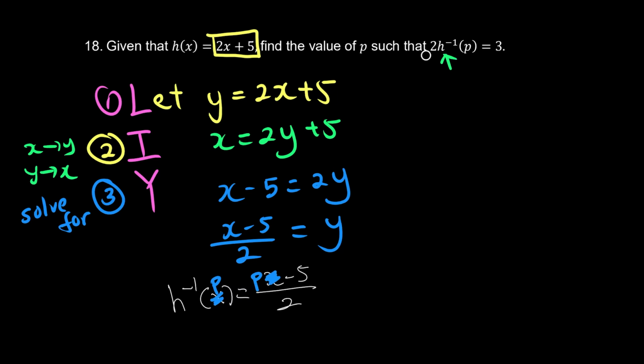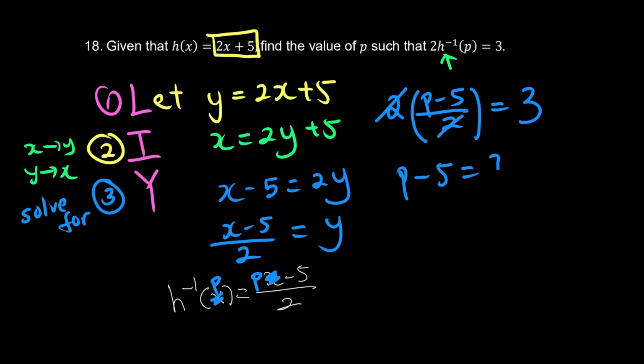They want 2 times whatever we have now, equivalent to 3. So if we do the math, 2 and 2 cancel off, p minus 5 is equal to 3. Minus goes to the other side and becomes plus, 3 plus 5. So p is equivalent to 8 and we are done.